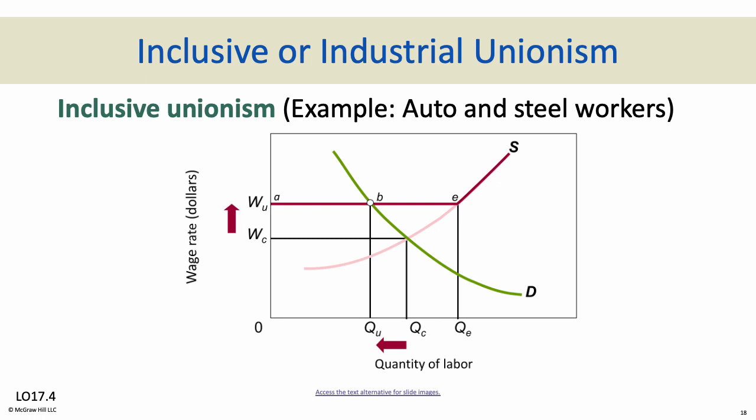And this is what's called an inclusive or industrial union. So they seek to organize all available workers rather than just a select few like the previous one we were looking at, like pilots. Industrial unions seek all available unskilled, semi-skilled, and skilled workers in the industry. By including such a large number, they can put a company under great pressure to agree to its wage demands because it has the right to strike. What's a strike?